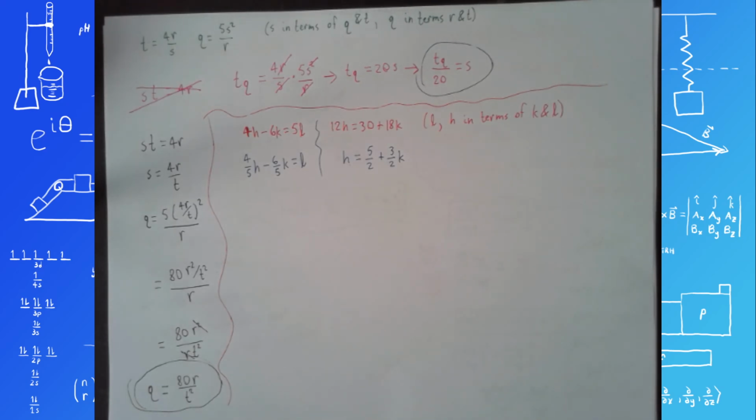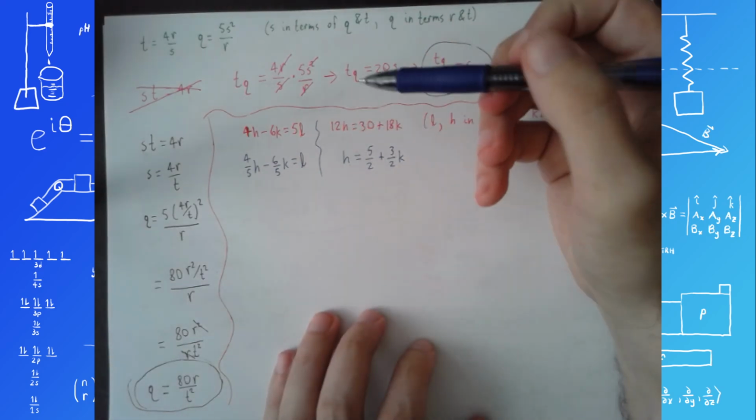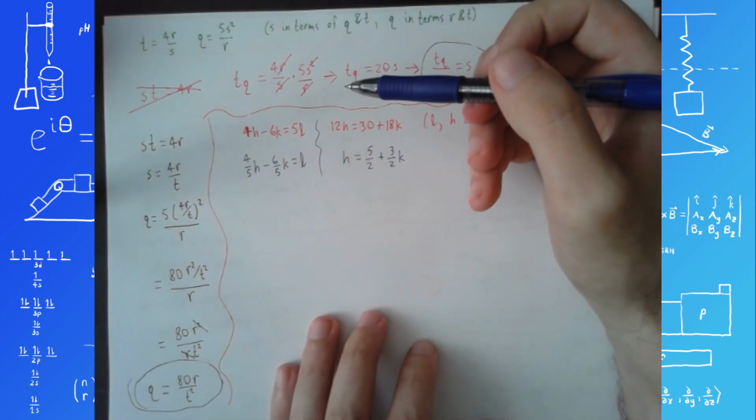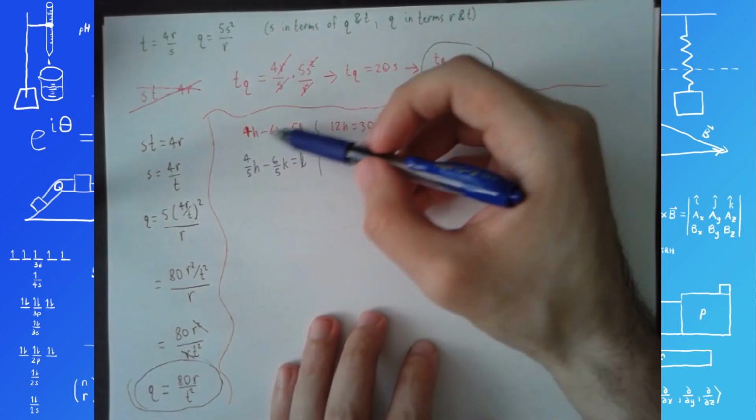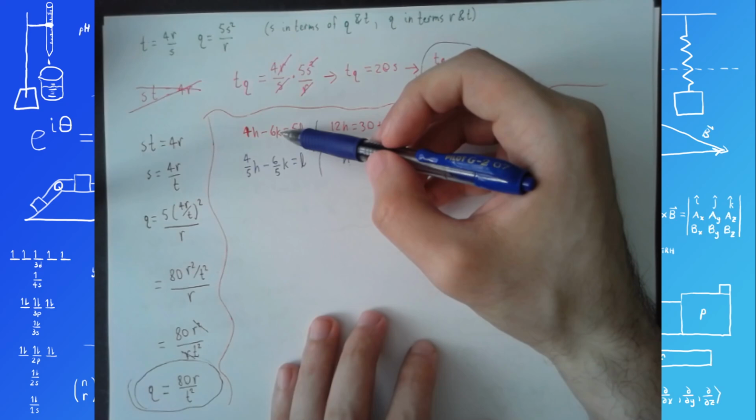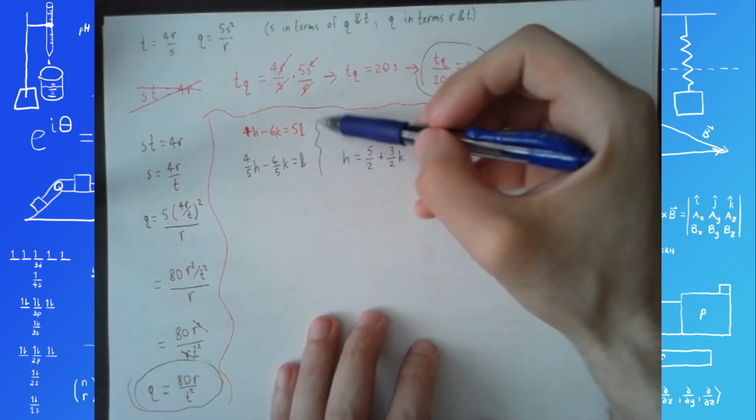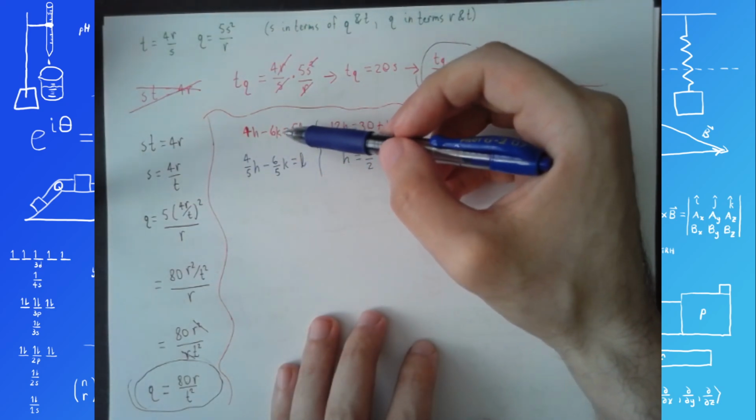What you can actually do with this is combine the two equations to solve for an actual value for, I think it was k, but let's have a look at it. I see there's a 6k over here. So if I multiply this equation by 3, I can get minus 18k.